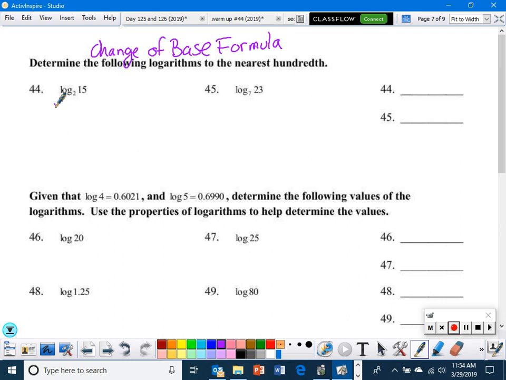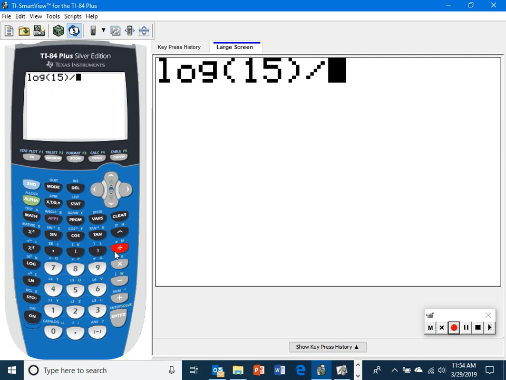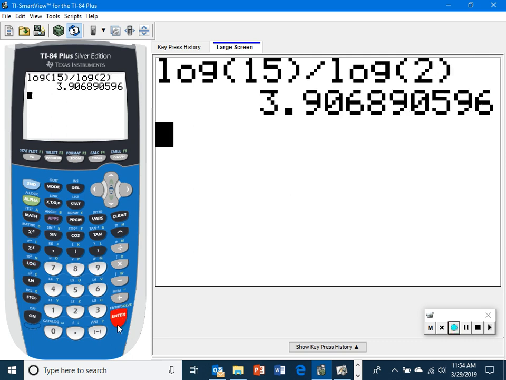So we take, remember how it works? We take log of 15 and then divide it by log of 2. And we get approximately 3.91.